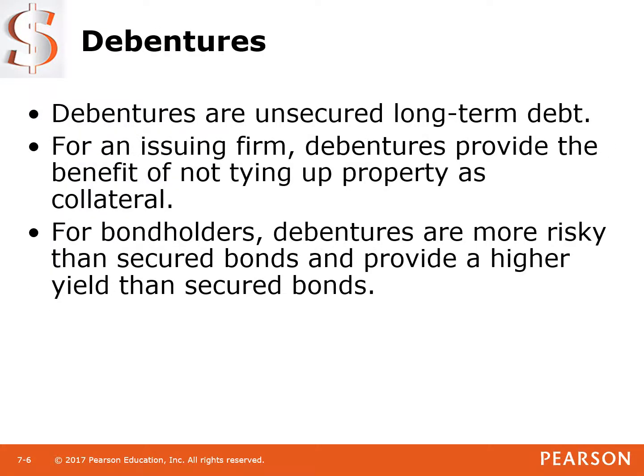Now, there are certain characteristics of a bond. For instance, debenture bonds are unsecured, meaning there's no collateral attached to them. So when the corporation sells the bond, essentially borrowing the money, the person buying the bond is buying it in good faith that they're going to receive their money back because they're not buying it with collateral.